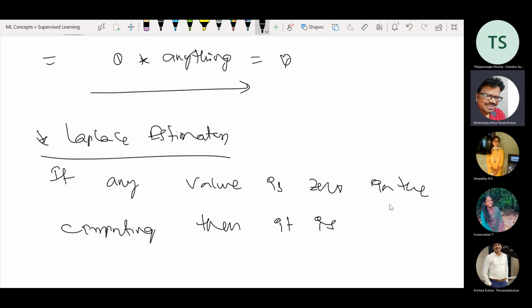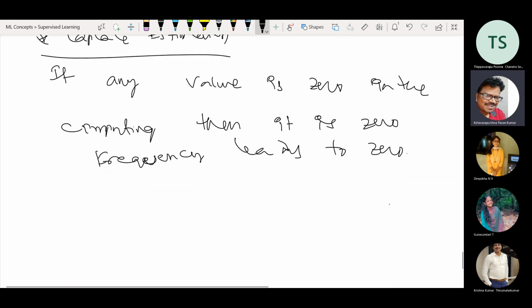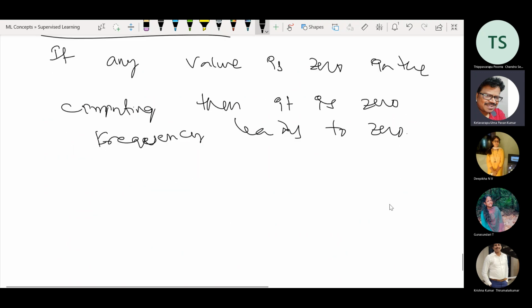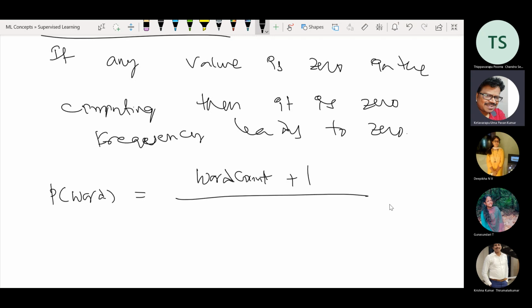So zero frequency leads to a final value of zero. But how do I solve this particular thing? Excellent equation, friends. We need not bother about zeros. The simple thing they have mentioned is, suppose I want to find out the probability of a word, what I should do is count the word, as we have done so far, plus add one more. Though it is zero, no problem. Zero plus one we are adding, it becomes one by something.